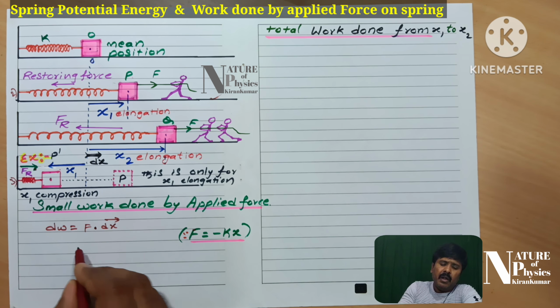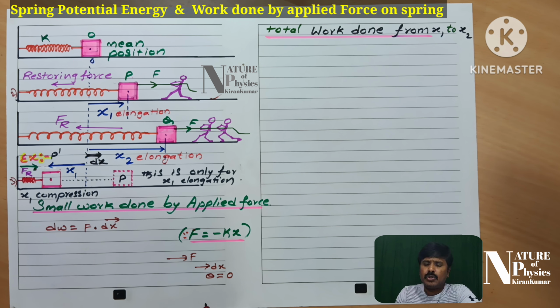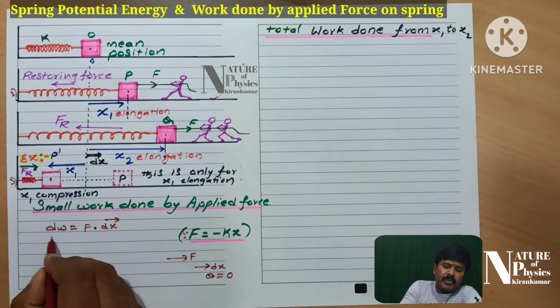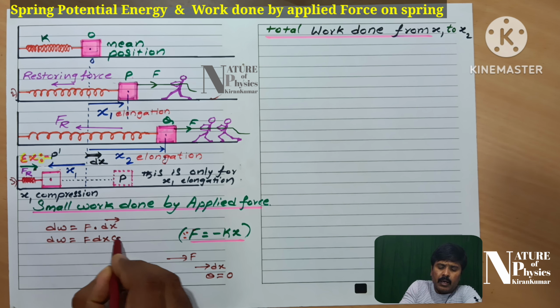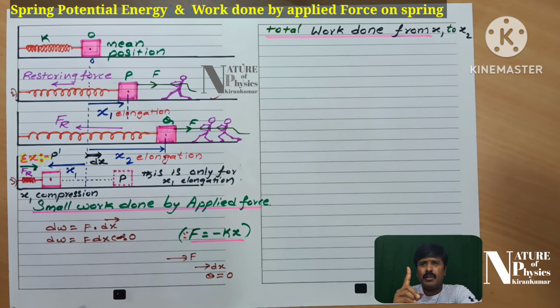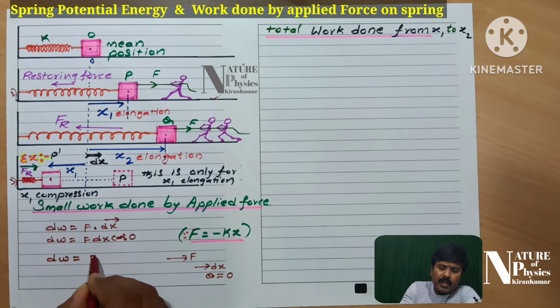One thing we have to notice here: the applied force F and the displacement dx are both along the same direction, theta is equal to 0. So dW is equal to F into dx into cos 0, and cos 0 is equal to 1, so dW is equal to F into dx into 1.